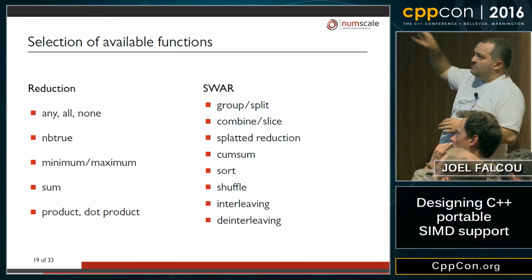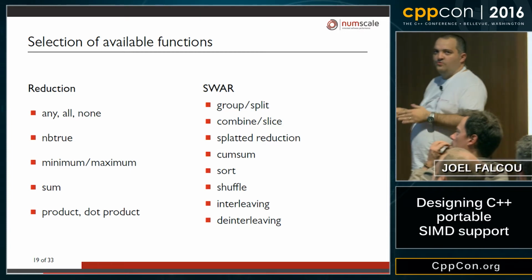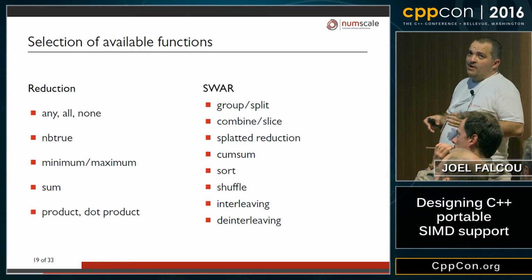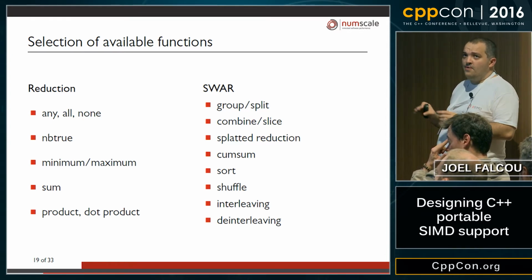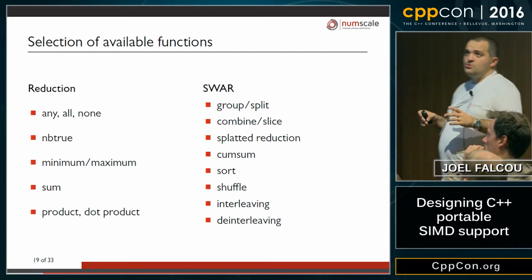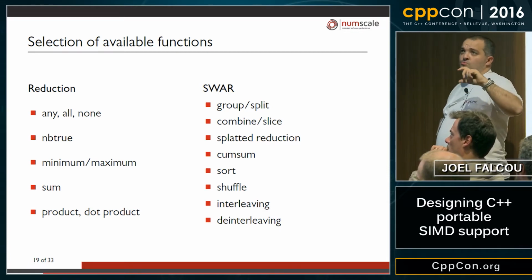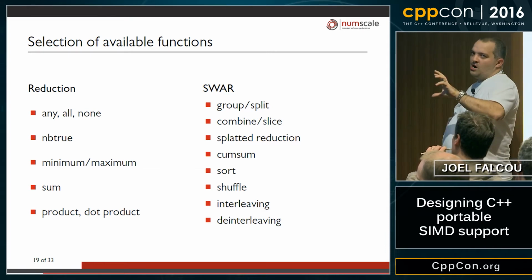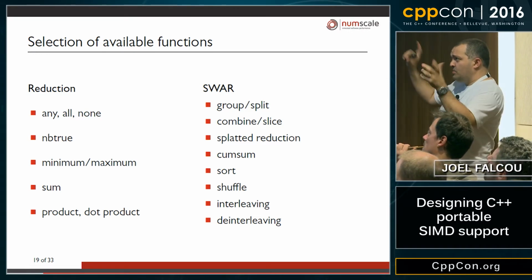So with combine and slice, basically, you take a pack of Tn and you get 2 packs of Tn over 2. And with split, what happens is you have a pack of Tn and you end up with 2 packs of Un over 2, where U is the type which is slightly bigger than the one you had before. So you go from a pack of 16 char to 2 packs of 8 shorts. So that's something you can use to do casting and stuff.